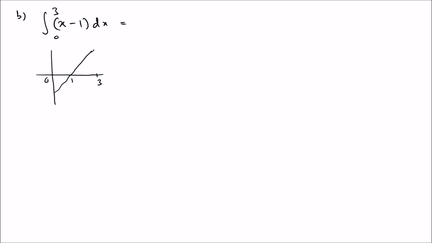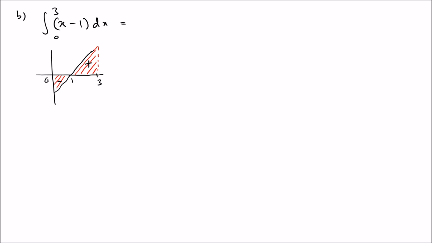So what it means is you need the algebraic area. That means this negative area plus the positive area. You can see one is negative and one is positive. So if you calculate the two areas and add them, that's what the integral represents. So we can use that idea here.